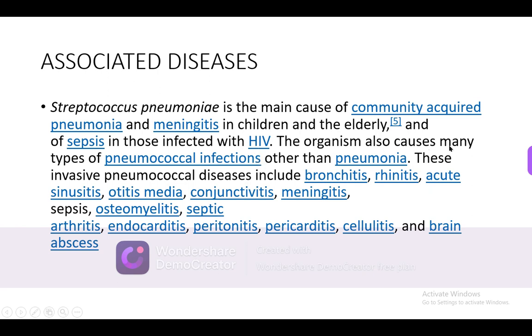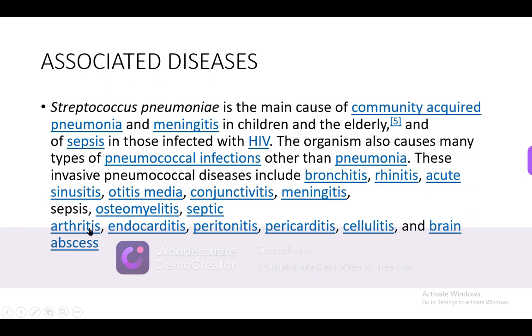The organism also causes many types of pneumococcal infection other than pneumonia. What are these diseases? Acute bronchitis, rhinitis, acute sinusitis, acute otitis media, conjunctivitis. It can definitely cause meningitis and sepsis in children, and osteomyelitis, which is important in children.